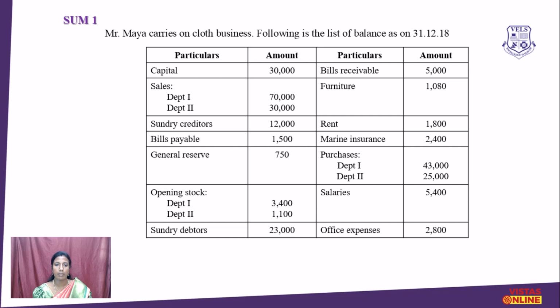Opening stock of department 1 is 3,400. Department 2 value is 1,100. Sundry debtors value is 23,000. Rent value is 1,800. Marine insurance 2,400. Purchase value of departments 1 and 2 is 43,000 and 25,000. Salaries is 5,400 and office expenses 2,800.